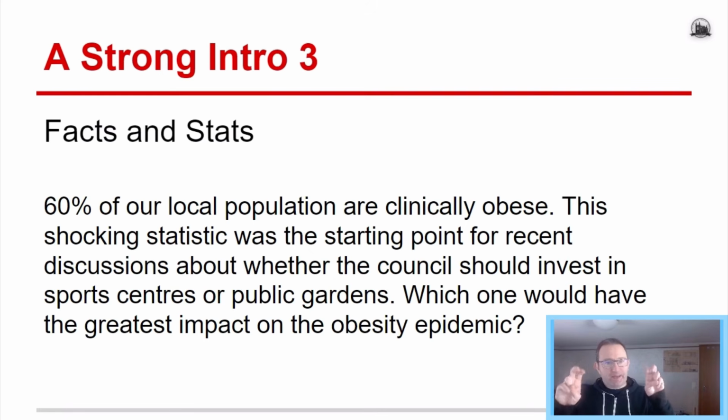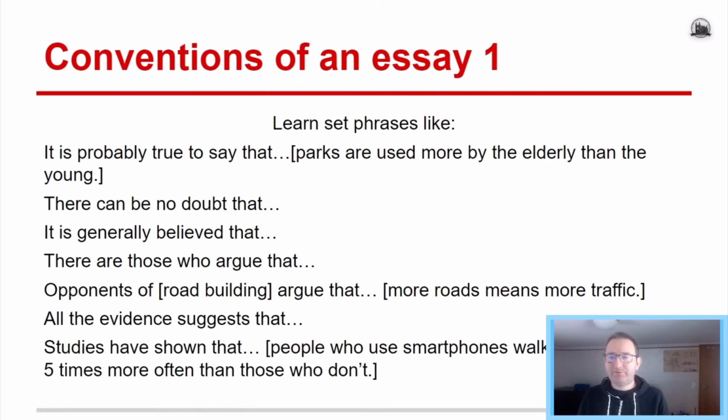Essays have conventions, things that you expect to read in them. So you can learn some set phrases like these. "It is probably true to say that..." For example, it is probably true to say that parks are used more by the elderly than the young, and so on. "There can be no doubt that." "It is generally believed that." "There are those who argue that."